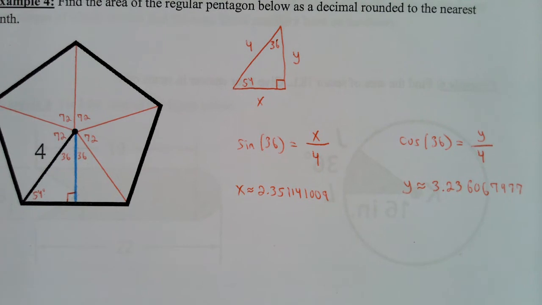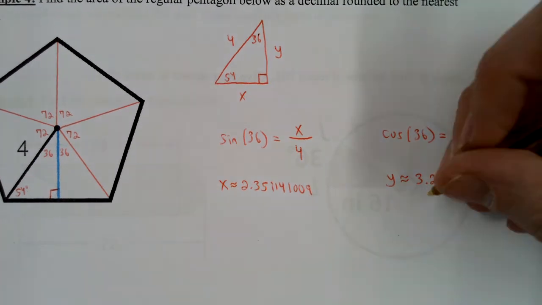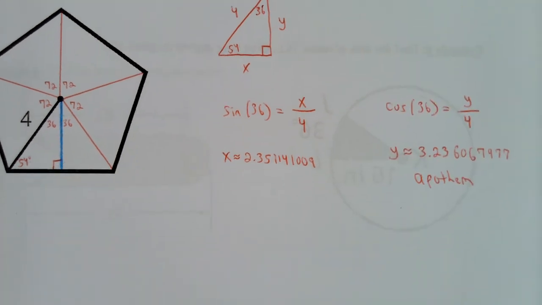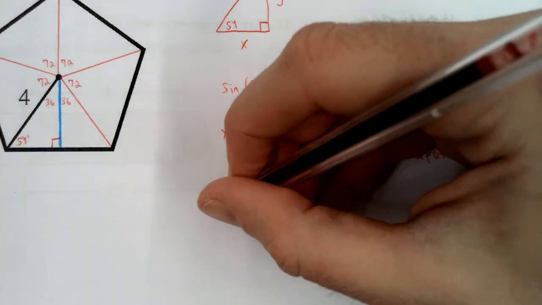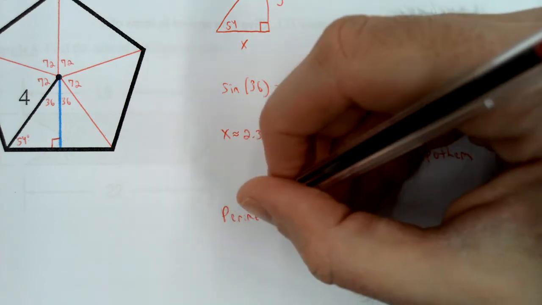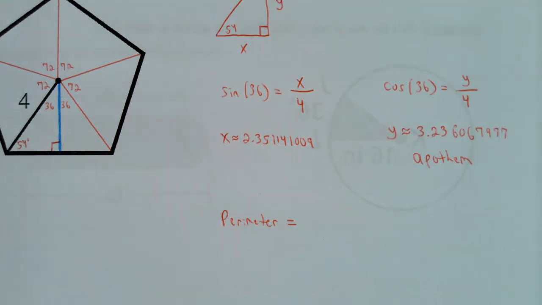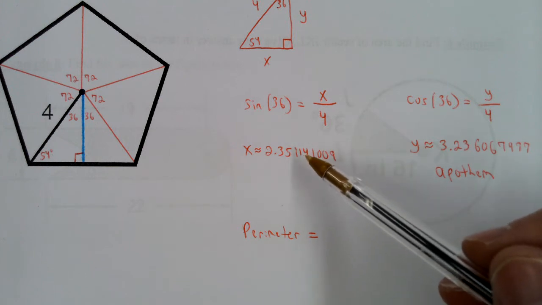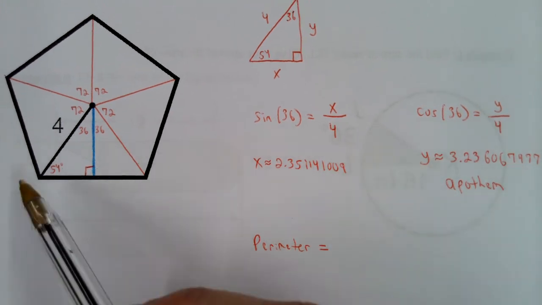Now, again, that was y, so that was the apothem. So I'll just label that. This is the apothem. Now let's get the perimeter. You may be tempted to do 5 times that to get the perimeter. That is not correct because that was just half of the side.